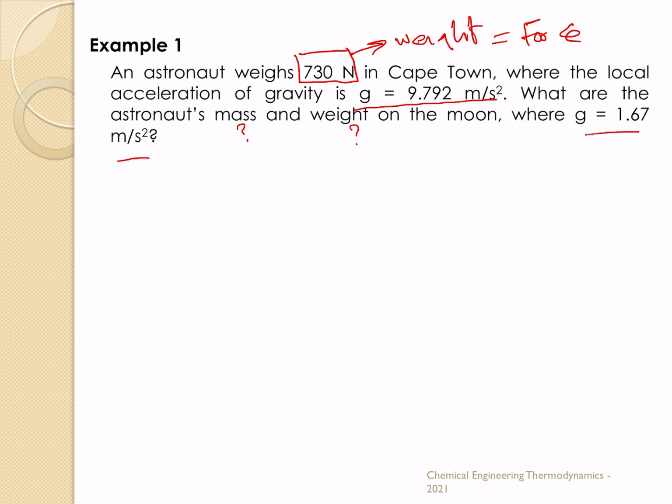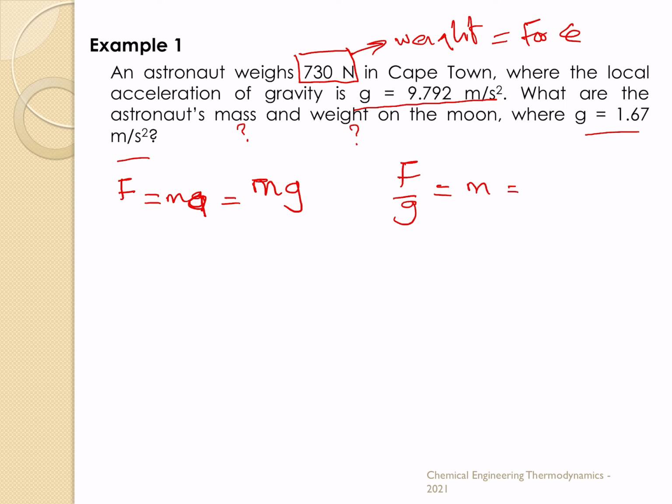So let's go back to the formula we've been given, which is F equals ma, which is the same thing as F equals mg. Remember, a is the same thing as g, our acceleration of gravity, and we know that a is acceleration. So if we make m the subject of the formula, we have F over g equals m.